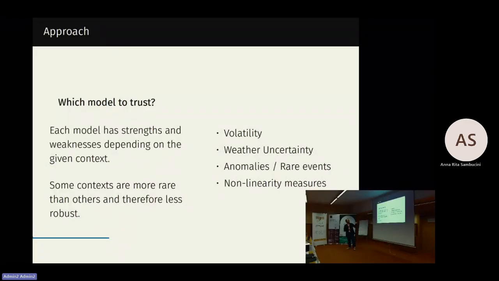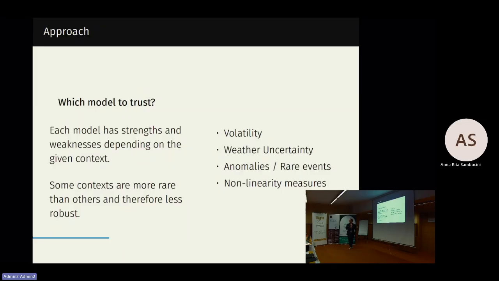And when you have unreliable features such as the weather forecast, a model that relies strongly on features might be misleading in these times. Other things are perhaps anomalies or rare events, such as holidays in the midst of a work week, that a model might overfit or be too sensitive to.